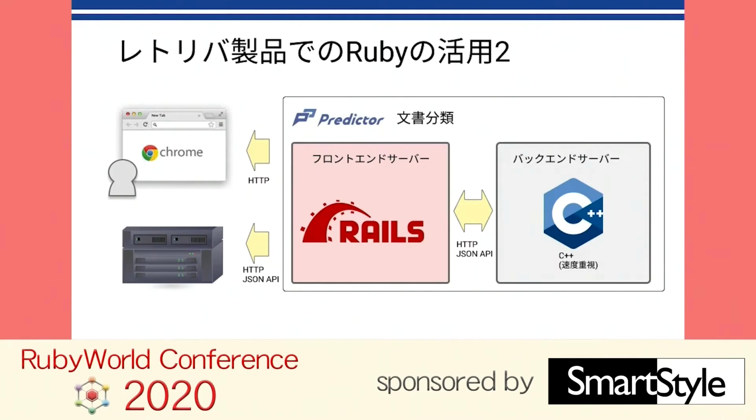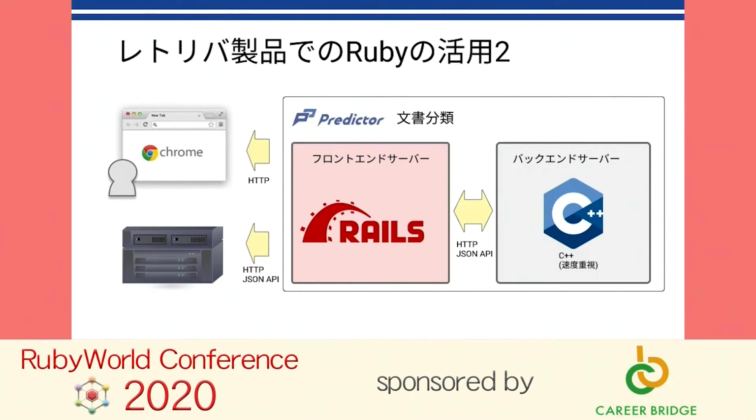The next configuration is very similar to the previous one, but we don't have any existing product like Rails, and this has been made from scratch. This is called Predictor, and the product is for the classification of documents. Using machine learning algorithms, this product is made.